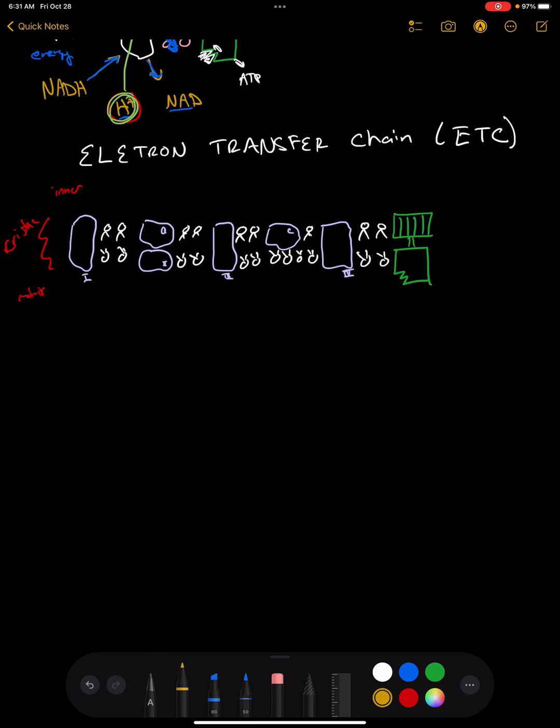The first thing, here's my NADH. We're going to talk about in another video where he came from. But the NADH goes up to that protein pump, and he breaks apart into NAD, protons, and then my electrons.